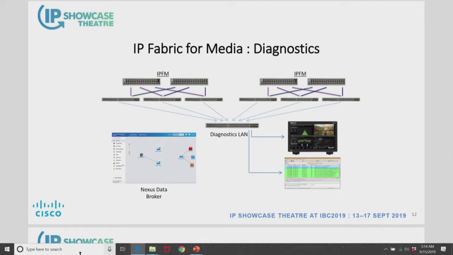Now, another thing we noticed in this environment is that you need to be able to quickly grab any flow as it is leaving the port. So if you are troubleshooting something, you need to see exactly what is coming in or leaving that port, an exact replica.